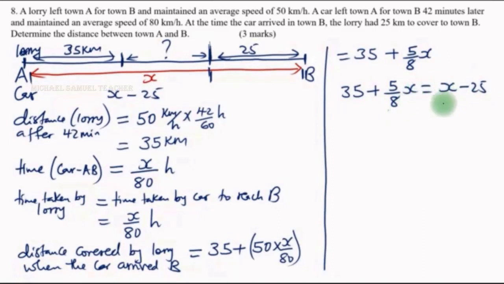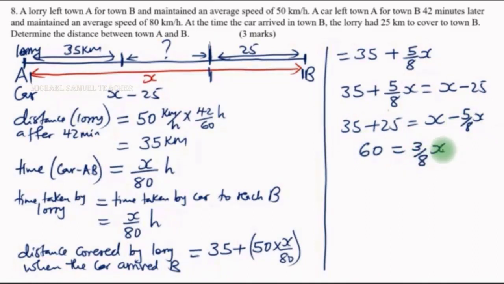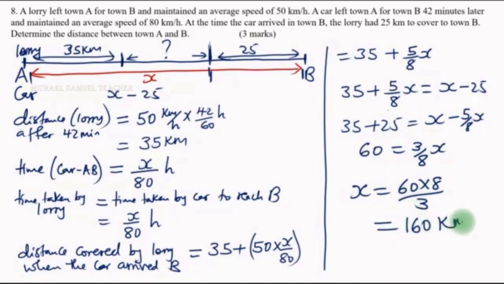Collect the like terms together, so I have 35 plus 25 will be equal to x minus 5 over 8x. Therefore this is 60 is equal to 3 over 8x. So x will be 60 times 8 divided by 3. So this will end up being 160 kilometers. So distance between A and B is 160 kilometers.